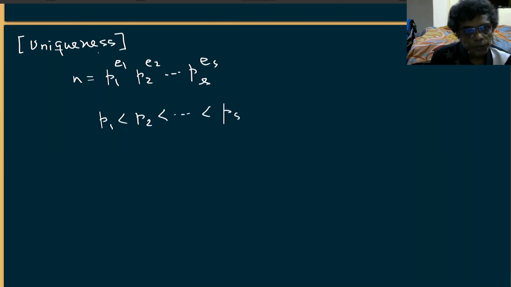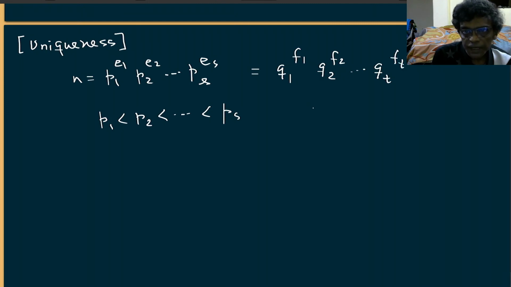In order to prove uniqueness, let us say that n has another factorization of the form Q1 power F1, Q2 power F2, ..., Qt power Ft. Now once again I assume that Q1 is less than Q2 up to Qt.